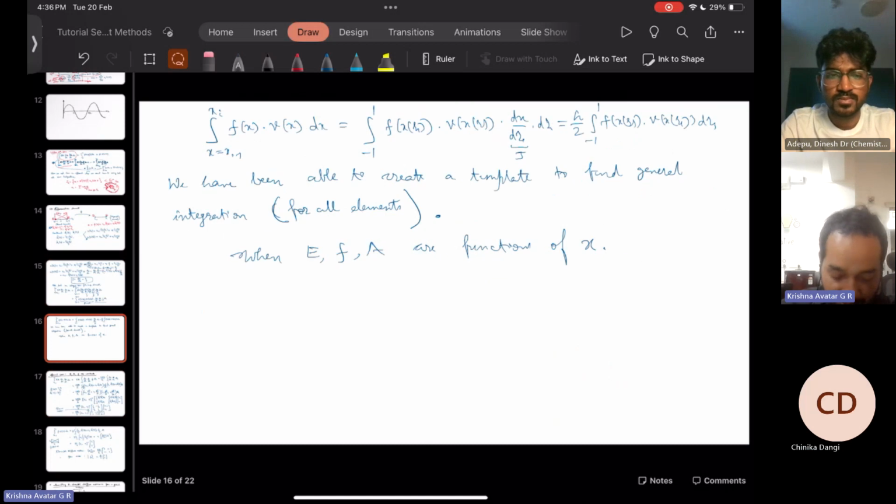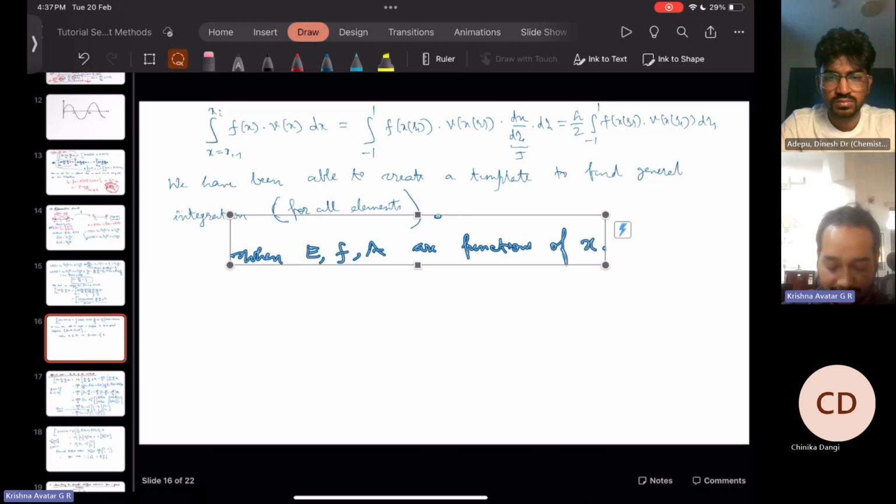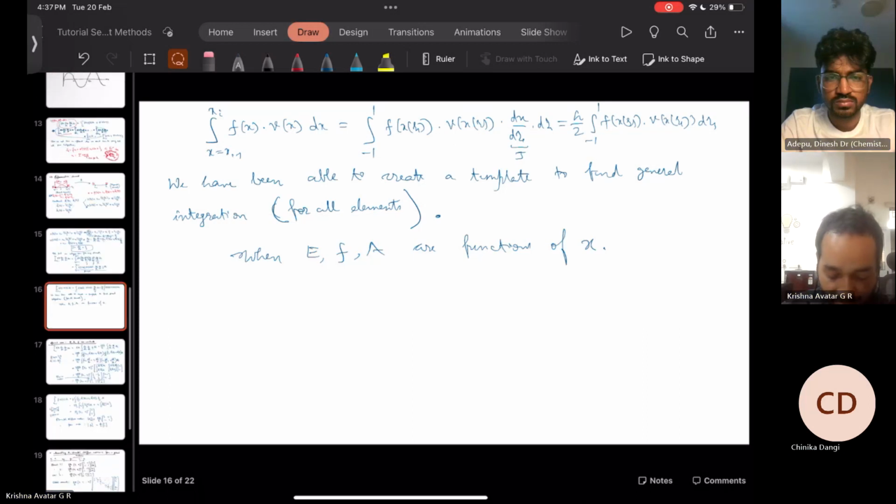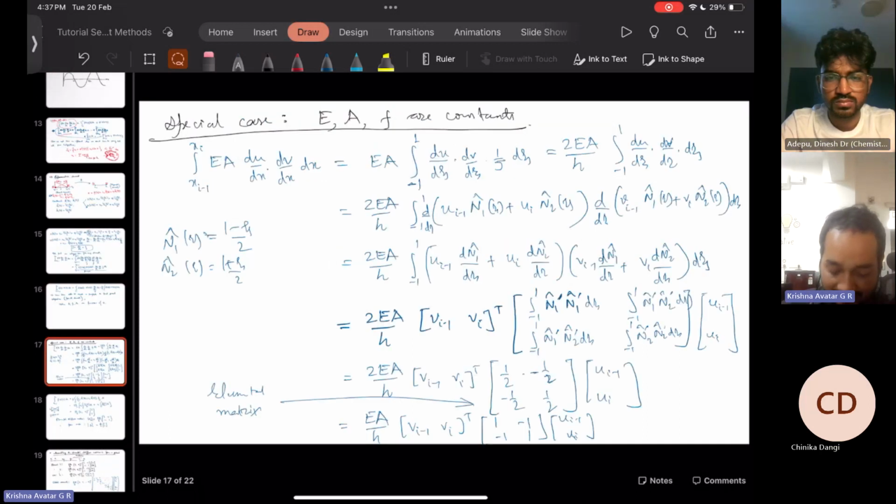And so we were able to create a template. Any element of the physical domain, we were able to express in terms of the bi-unit domain, which is -1 to 1, and we were able to do it here. So far it was all based on E, F, and A being all functions of x. How do we do all that?